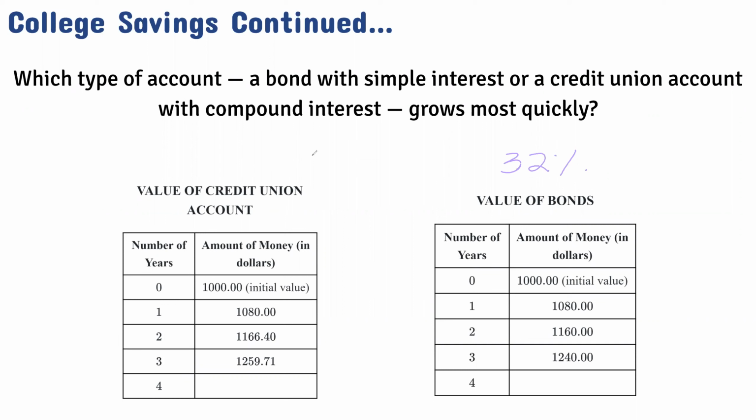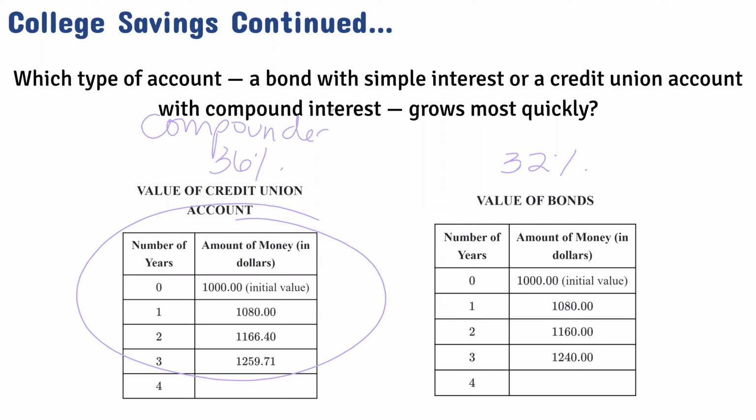And what was the percent growth in the credit union that we just did? I believe it was 36%. So where does your money grow more quickly? And it would definitely be where your money is being compounded yearly, as opposed to the simple interest, where it's linear.